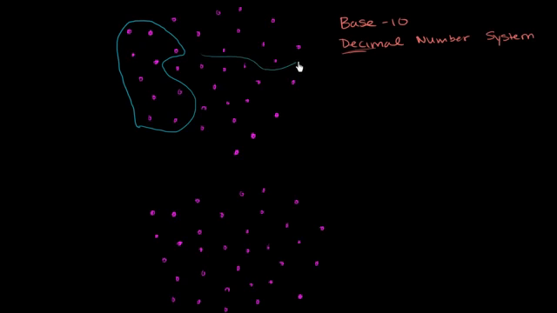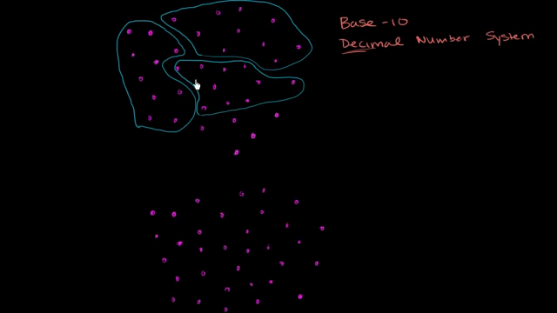So this right here is another group of 10. And then I have another 1 through 10, so this is another group of 10. And then this over here is not a group of 10. This is just 1, 2, 3, 4, 5. So it looks like there's 35 objects here.